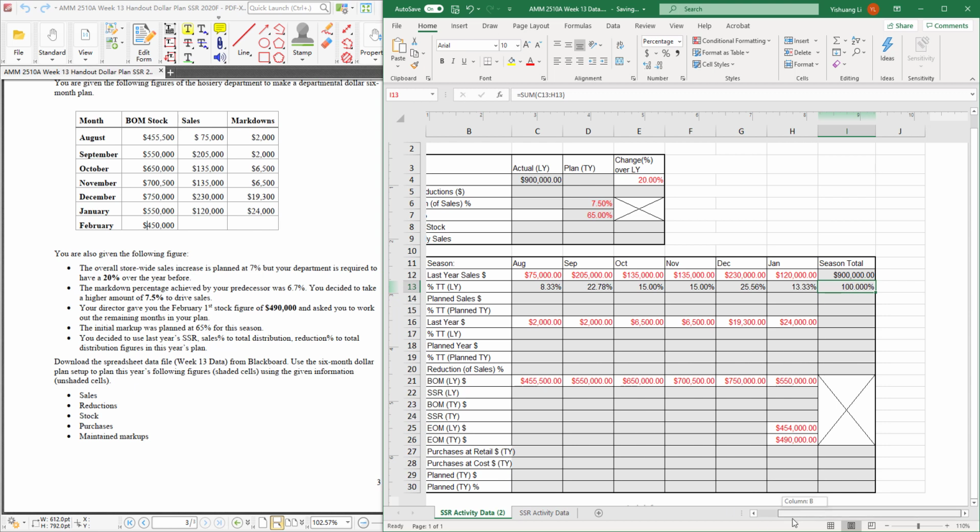In terms of this year's sales, because we knew that we anticipated 20% increase over the last year's actual sale. So for this year's plan, we can use actual sales number of last year times 1 or 100% plus the 20% here.